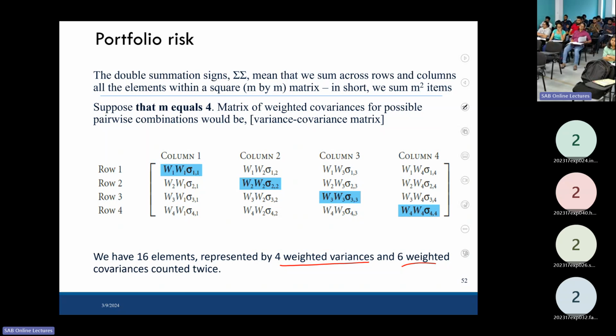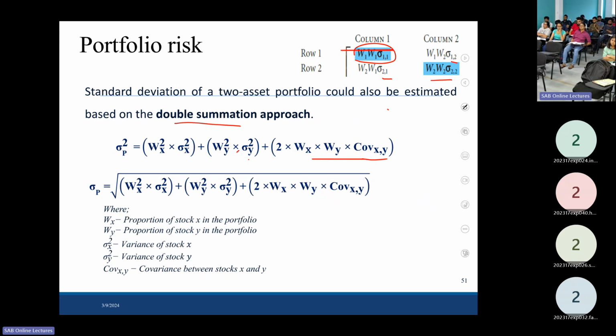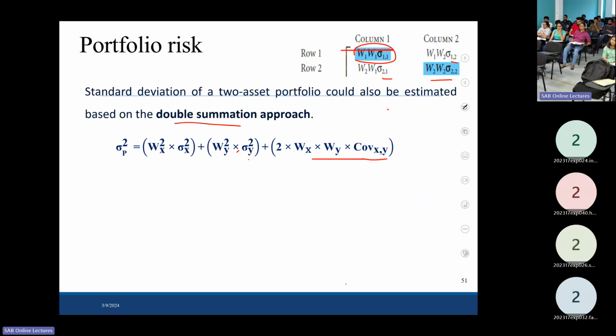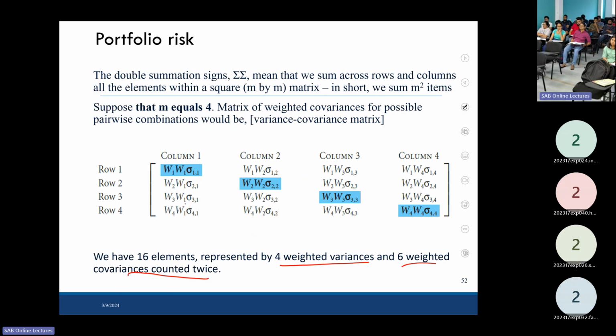You can see the covariance between 1 and 3, and the covariance between 1 and 2, appear twice. So there are 6 distinct covariances, 1, 2, 3, 4, 5, 6, each counted twice. Just imagine how the double summation formula expands.